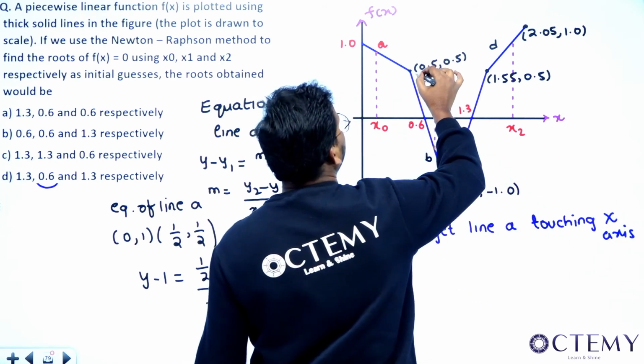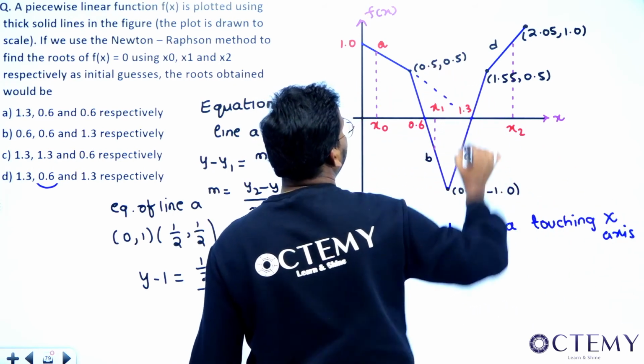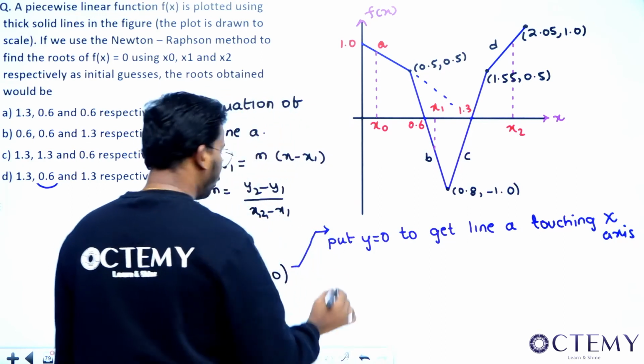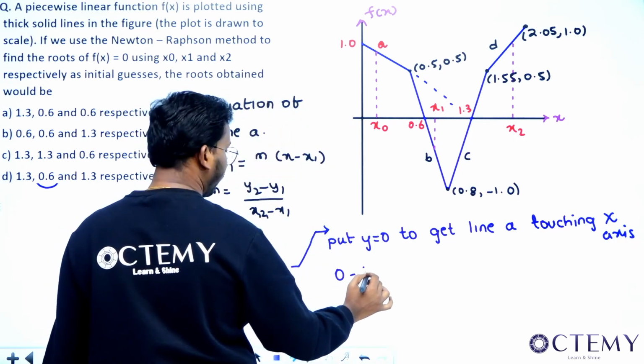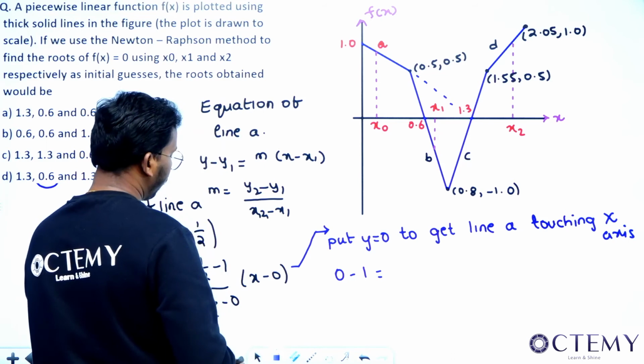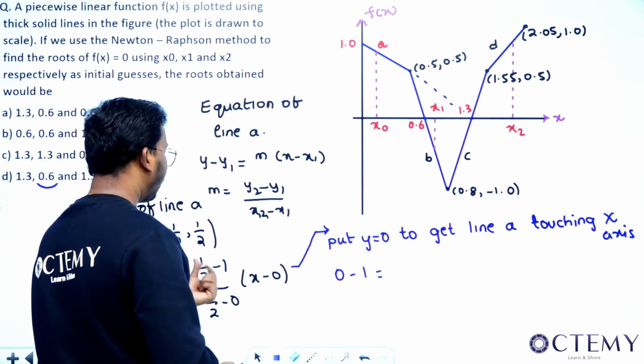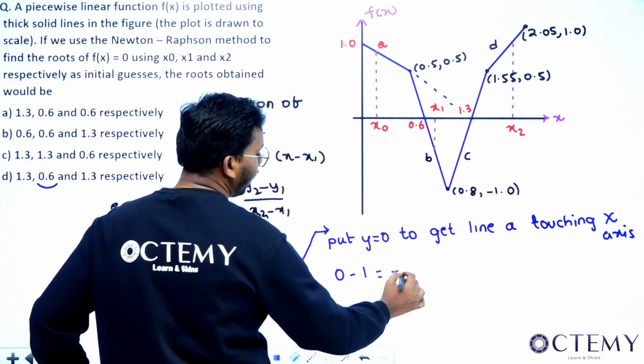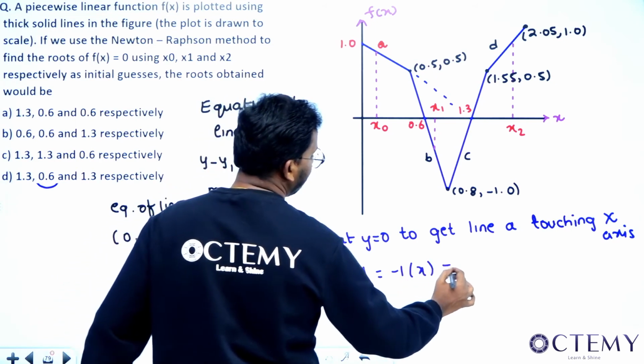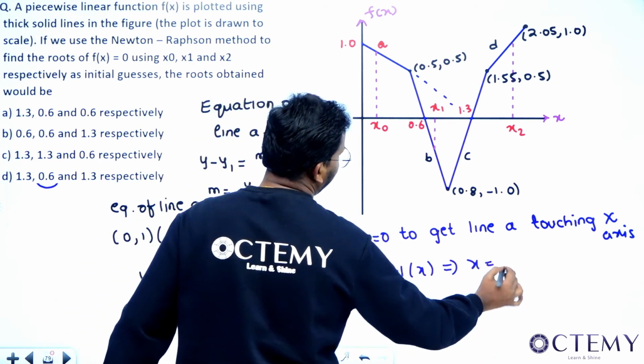So this should be 0 minus 1 is equal to, this will become what, sir? This will also become minus 1 because half minus 1 is minus half. So minus 1 into x, which implies it is touching at x is equal to 1.